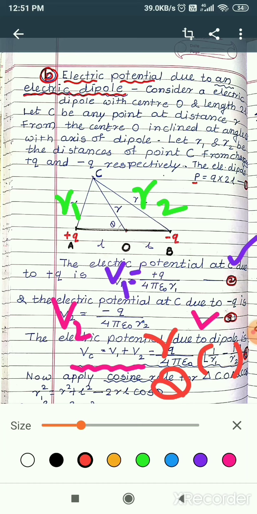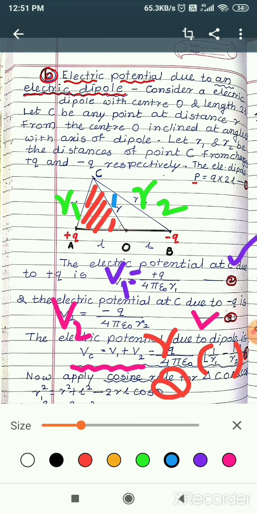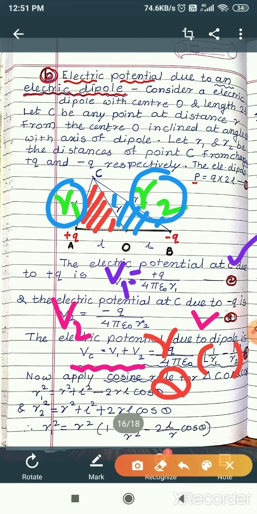Therefore, we follow these steps. First, I will apply the cosine rule for the first triangle, then apply the cosine rule for the second triangle, which gives us the values of r1 and r2. Observe the steps carefully.